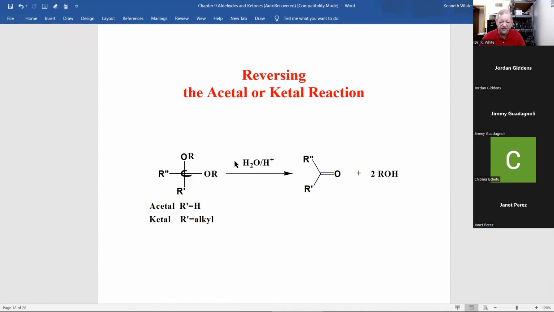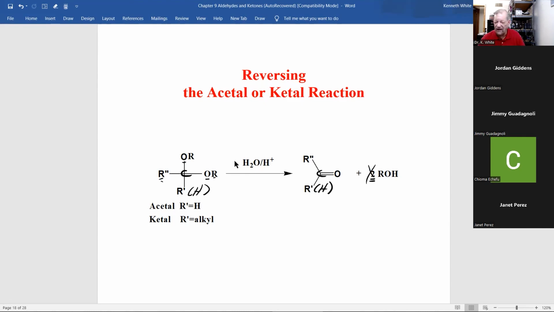And here, if there's a carbon here, what do we have that's different? Oxygen, ooh, 2 oxygens to the same carbon with R groups on it. And they have R prime, which could be a hydrogen, R double prime. And what you get back is the aldehyde or ketone plus 2 alcohols. Now I put this 2 in here.